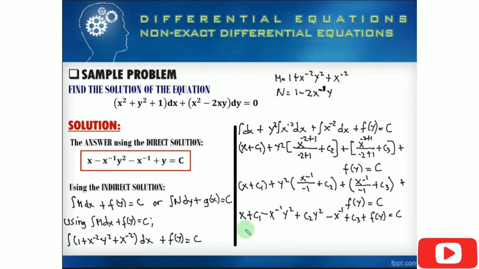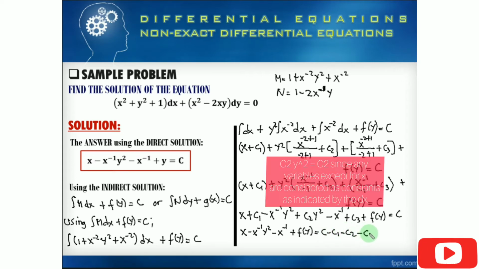So we have here x minus x raised to the negative 1 y squared, then minus x raised to the negative 1, and then we have here plus f function of y is equal now to c minus c1 minus c2 minus c3, in which this is just equal now to our constant c, okay?